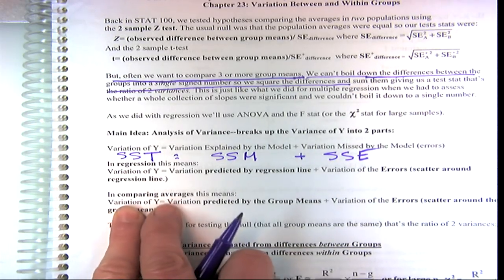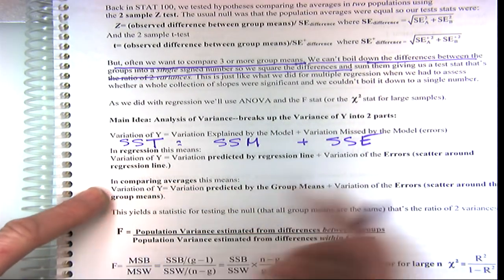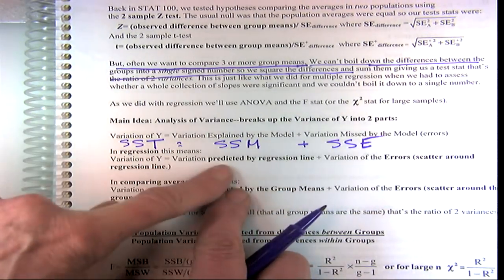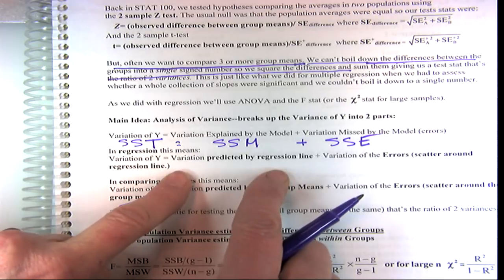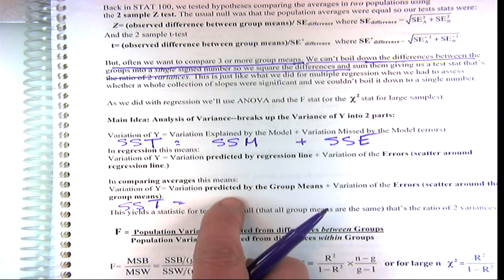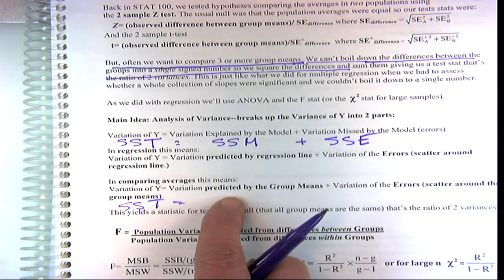Now let's say we wanted to do the same thing, even with final exam scores, but we didn't have quantitative x's. We're not building a model with quantitative x's. Let's say we wanted to predict people's final exam scores based on their ethnicity, for example, or based on their sex, or based on whether they're in the in-person, online, or some other section. If they're just in two groups, we can do a two-sample z-test.